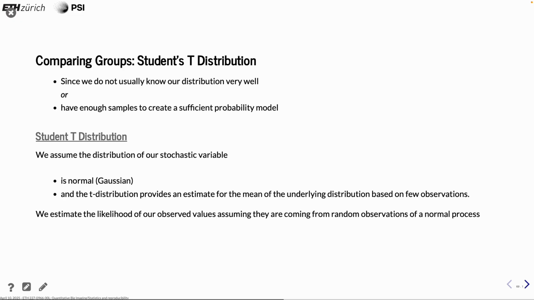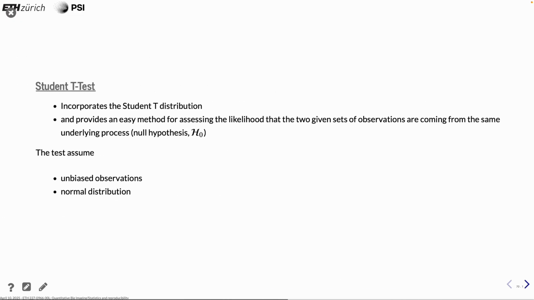And from that, with the help of this distribution, we can now compute the probability of an event being true or false. The Student t-test uses the t-distribution and provides a method to get this probability. And there we have the unbiased and normal distribution assumptions.